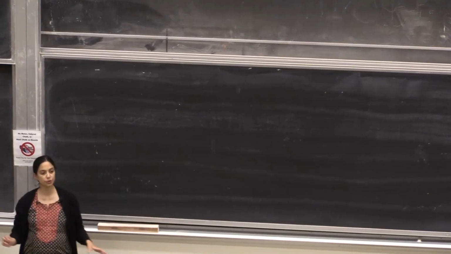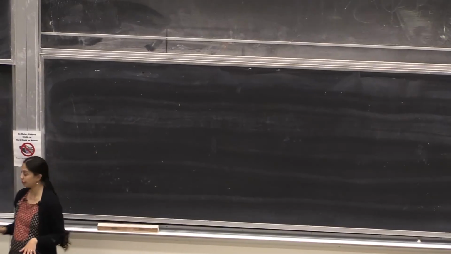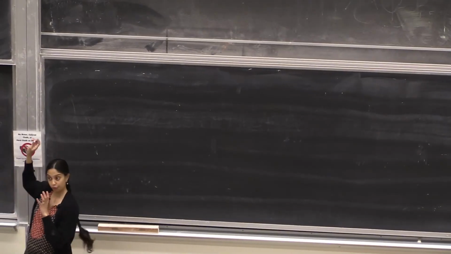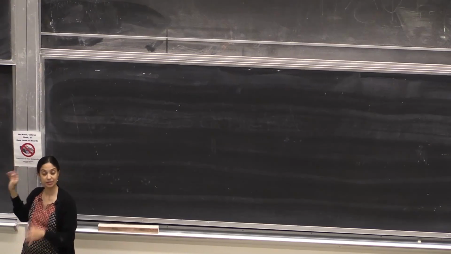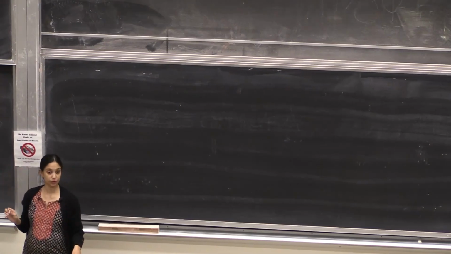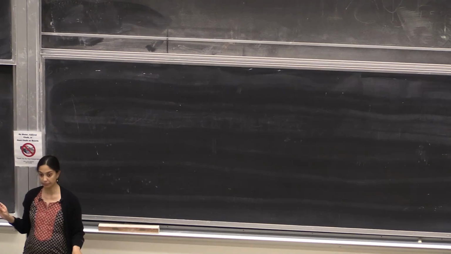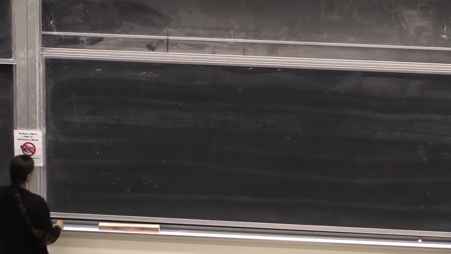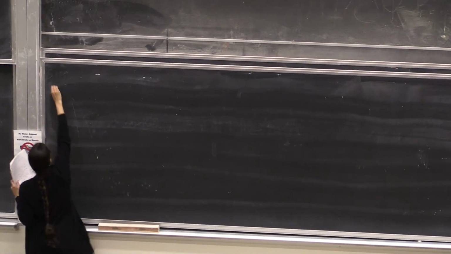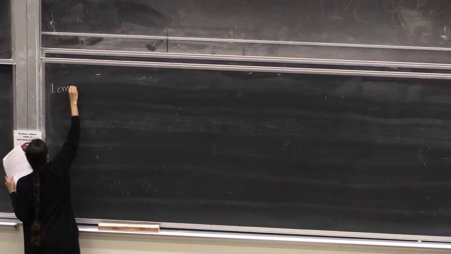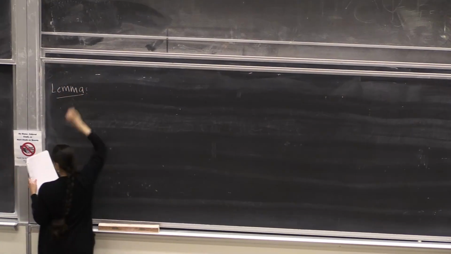So what we want to do now is we want to be able to prove a theorem that says for functions that satisfy this, gradient descent will converge to a minimum. Okay? And to do this, first I want to prove a lemma. Okay?